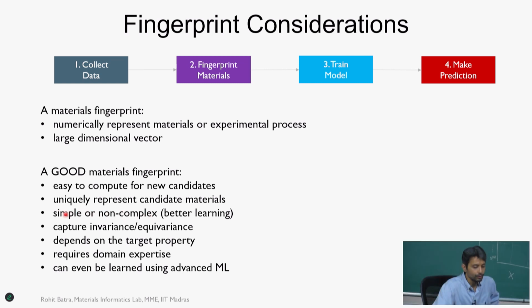So I should always look for fingerprinting strategies which are able to uniquely represent my material or processing condition. I will not be able to go into detail of the third point, but the simpler your fingerprint, the lower the dimensionality of your fingerprint, the better the learning may happen. Okay. Basically, you have to look for a simplest enough representation of your material to be able to do good learning. Okay.